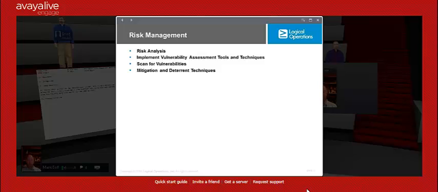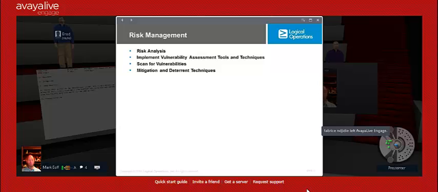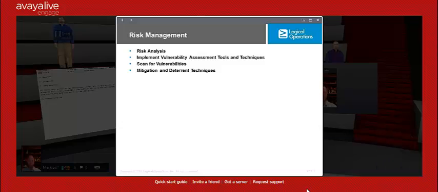Risk is the likelihood, the percentage of likelihood that a particular threat is going to exploit a particular vulnerability. And you've got many of these threat vulnerability combinations that you have to evaluate in your organization. So risk analysis is a complex process involving a lot of things.